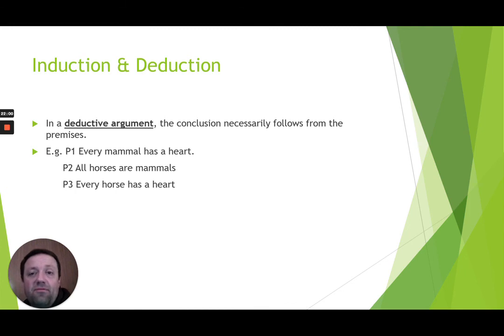The problem is that the premises are based on induction. Every mammal has a heart is something that we have come to believe through induction. And so although the argument is logically valid in this case, in that the conclusion must necessarily follow from the two premises, because the first premise is at least in principle fallible, the conclusion is also in principle fallible.